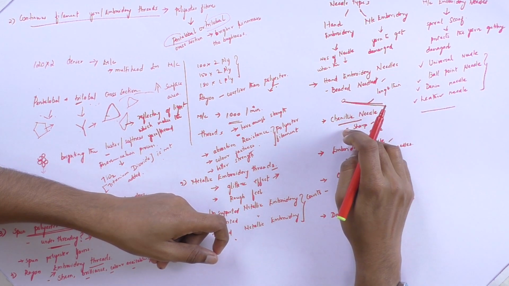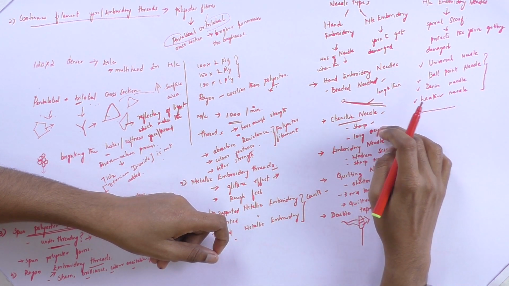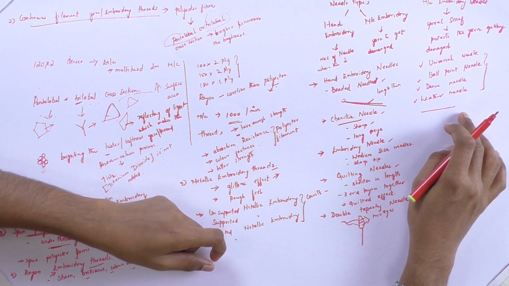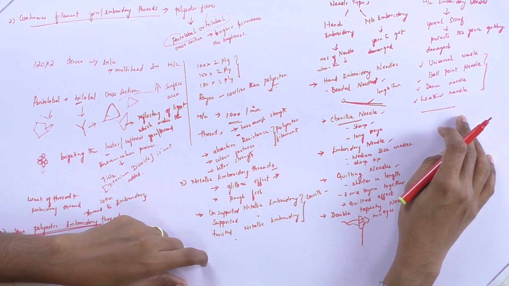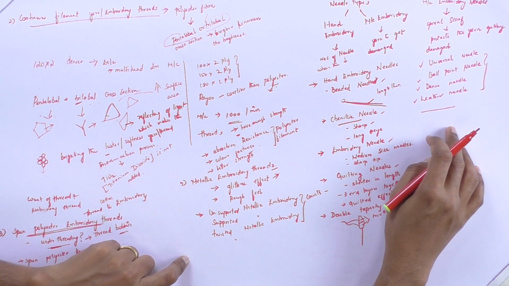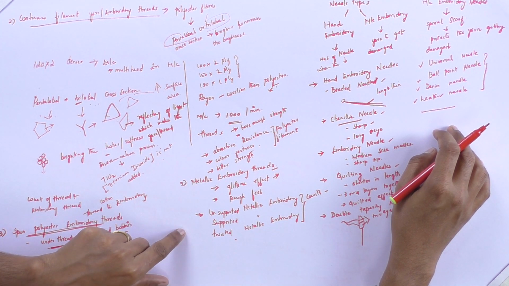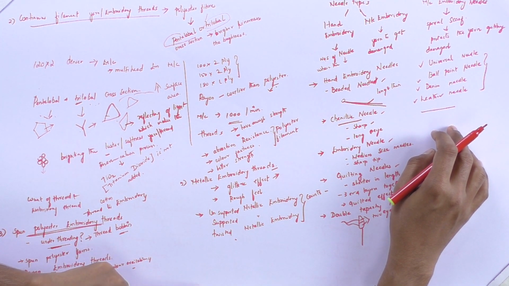This is all about the needle types that can be used for hand embroidery as well as machine embroidery. The most important thing you have to keep in mind is for what kind of work, what kind of thread or needle you have to choose.